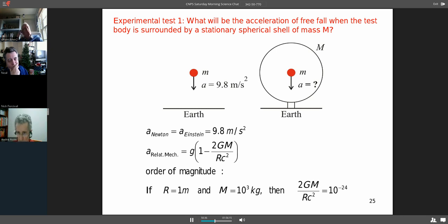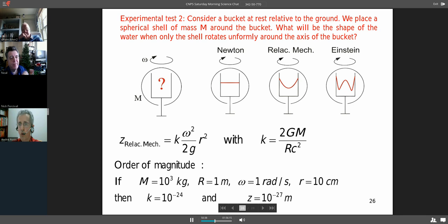Second experiment. Consider a bucket at rest relative to the ground. We place a spherical shell of mass m around the bucket. What will be the shape of the water when only the shell rotates uniformly around the axis of the bucket?